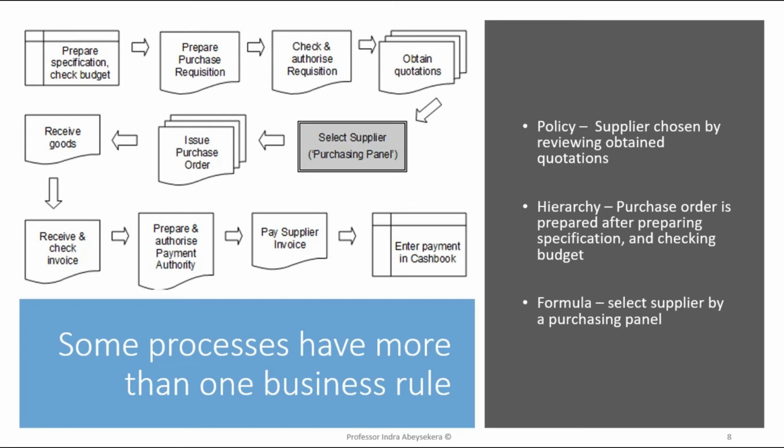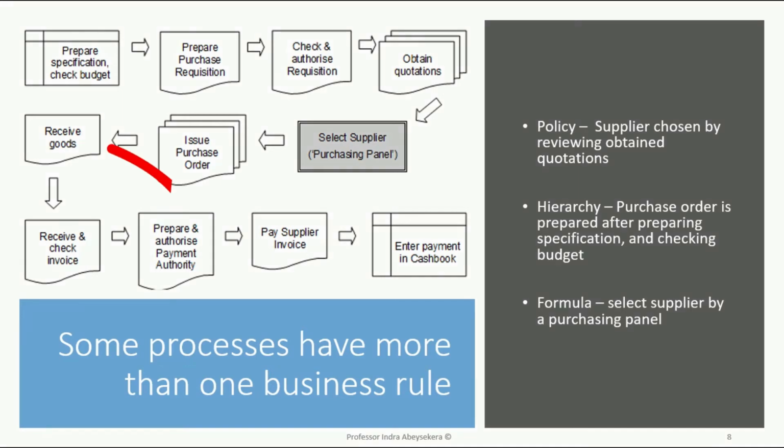If you look at a process, the activity would start by preparing a specification and checking budget, and then prepare the purchase requisition, then check and authorize the requisition. Once it is done, obtain quotations, then select supplier from the purchasing panel.